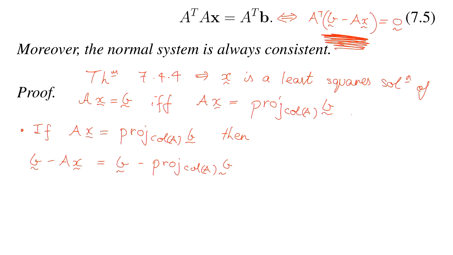Now, what space does this live in? The projection lives in the column space. Sorry? Say it again. Column of A. Column of A. So this part lives in the column space of A. But what about this part? Yes, it should be the perp space of column A, and the perp space of column A is the co-kernel. That's right.